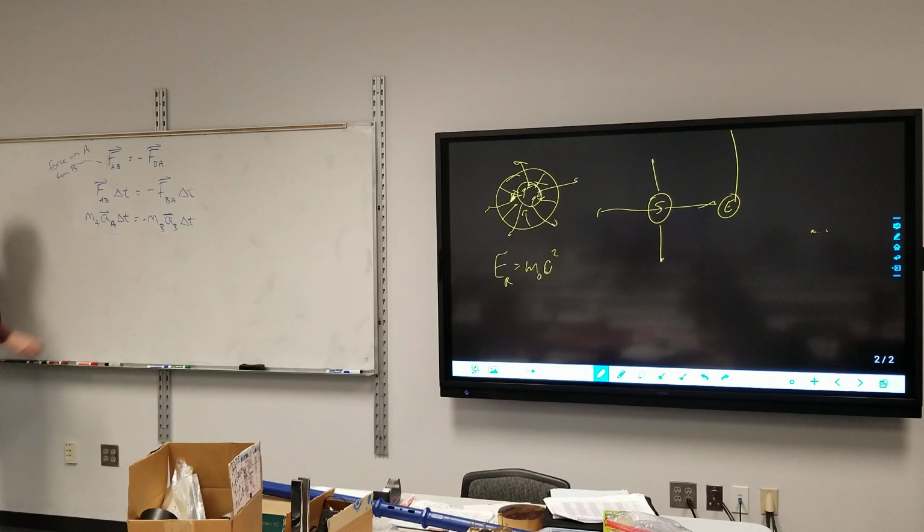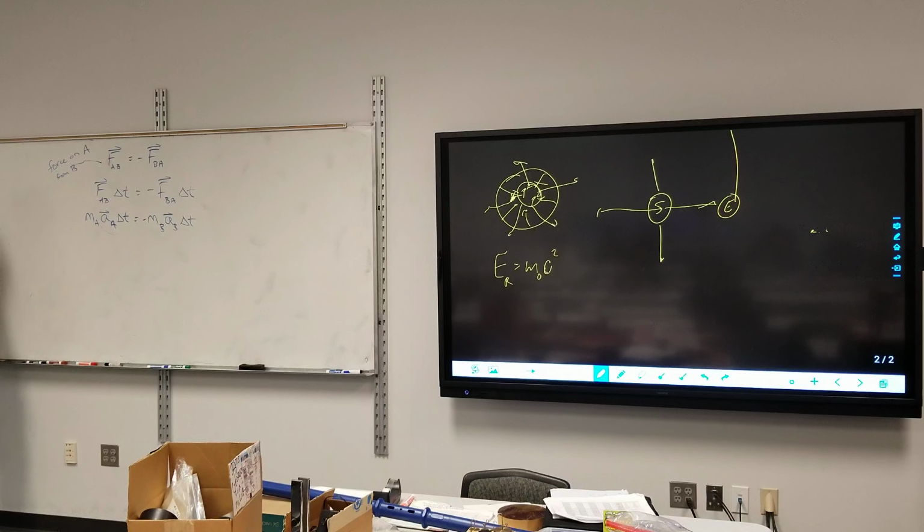Well, what is acceleration times time? It's velocity? Very close. Change in velocity.